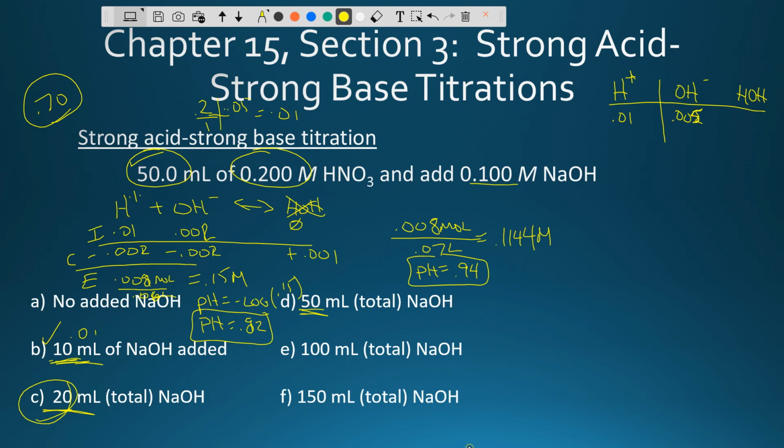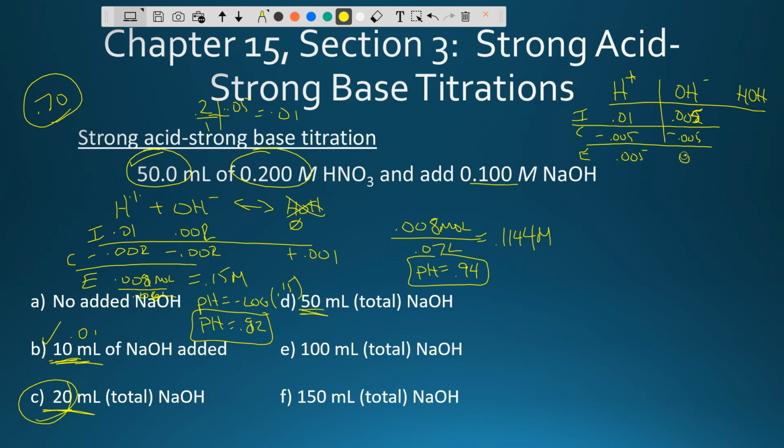Okay, because I have 50 milliliters and it was 0.1 molar to begin with. Okay, so 0.005, I'm going to lose or eat up 0.005 here. And so at equilibrium, I'm seeing that I'm going to end up with 0.005. Okay, because that's subtracting that off.